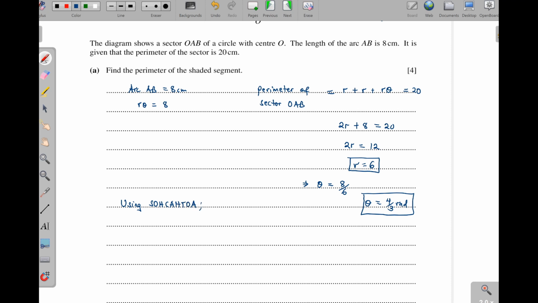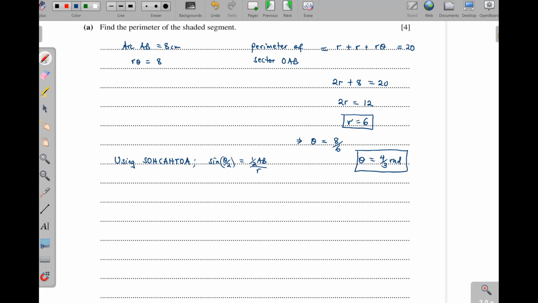Then we shall have sine of theta over 2, because that is the opposite and the hypotenuse, equal to the opposite, which is a half of AB, divided by the R. You see that? Now we have sine of theta, which we have gotten as 4 over 3, divided by 2.